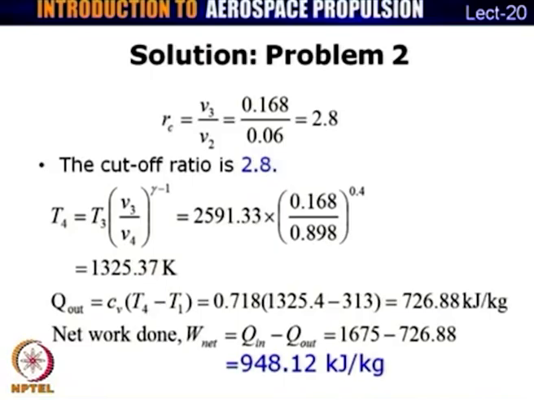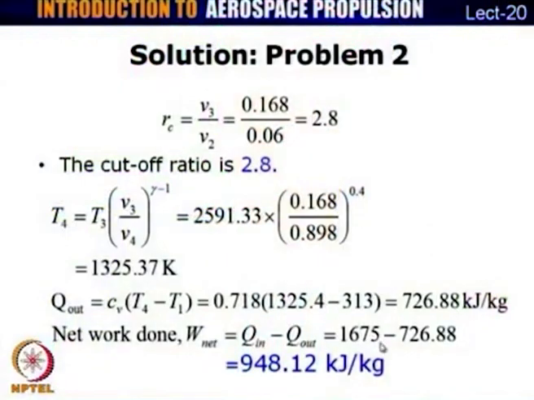And since we know heat input as well as heat output, net work done will be equal to the difference between the heat input and the heat output. So, W net will be equal to Q in minus Q out, that is 1675 minus 726.88. W net is equal to 948.12 kilojoules per kilogram.